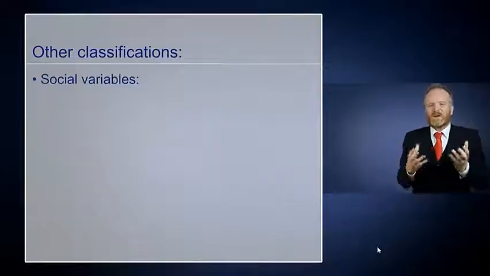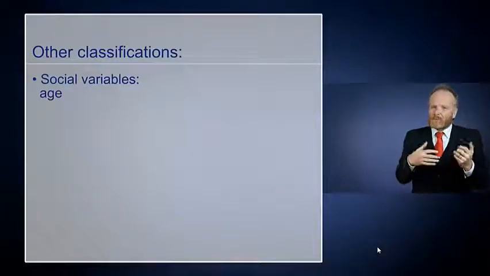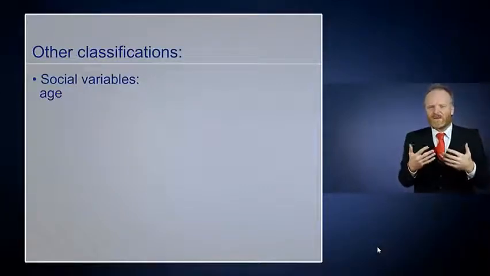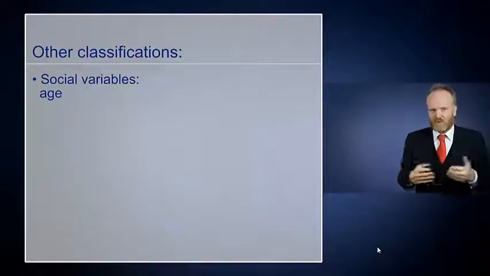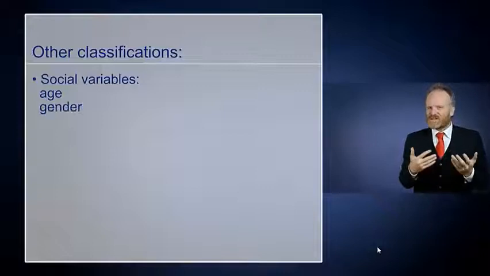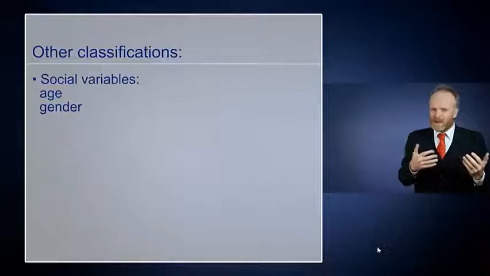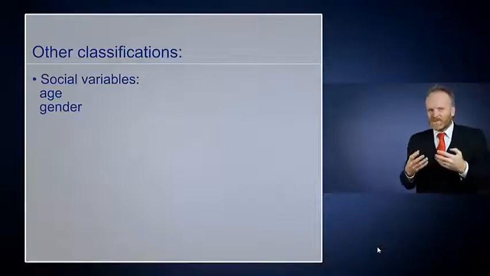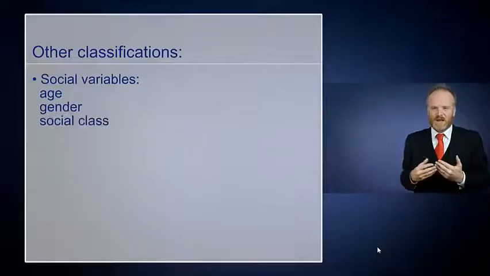We can also group people according to their age, and actually we find some correlate to that in language as well. People who have more or less the same age will tend to speak more alike than people who are older or younger than they are. That's also true for gender, so for men versus women. In most societies, men and women will tend to speak slightly differently. Or it's true for social class.